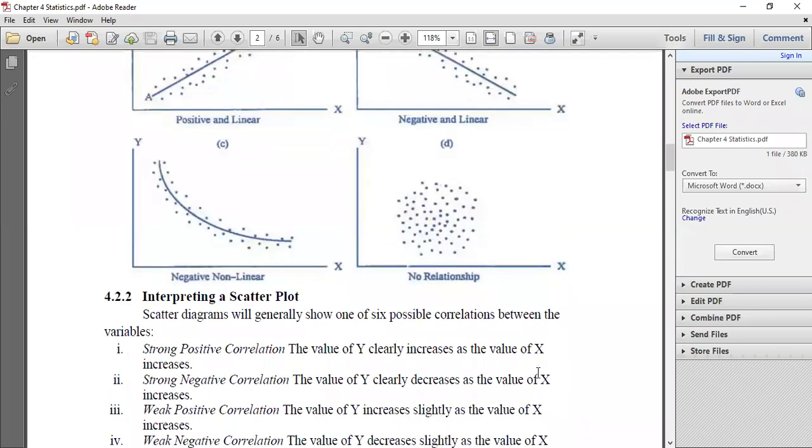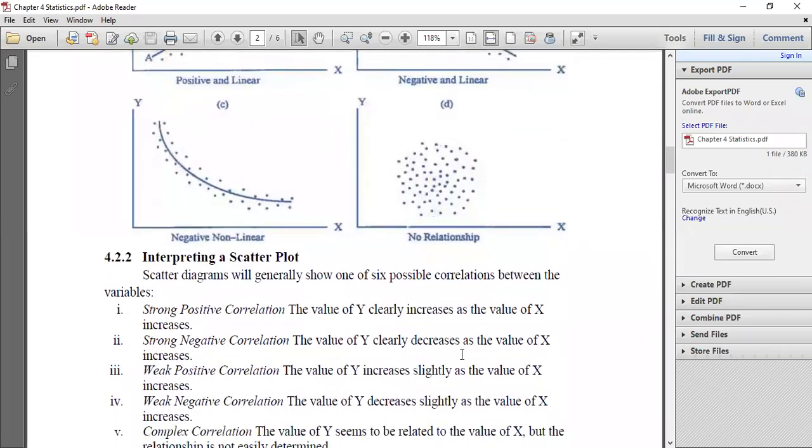So how do you interpret this? We say you can have all these scenarios. You can have a strong positive correlation. So that is the time when you clearly can tell that the value of y is increasing with the increase in value of x. So if x is increasing and y is increasing, then you have a strong positive correlation. You can clearly tell.